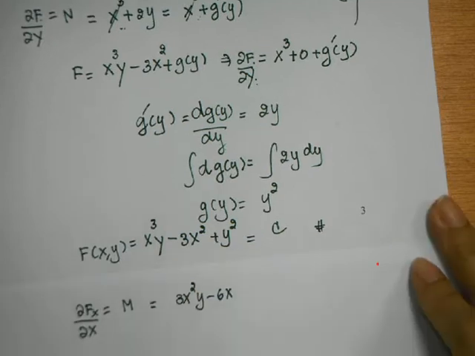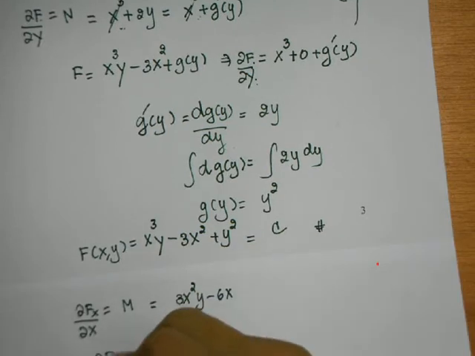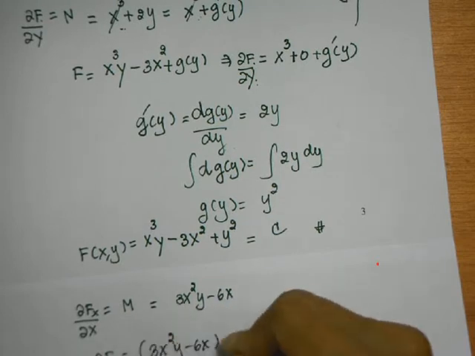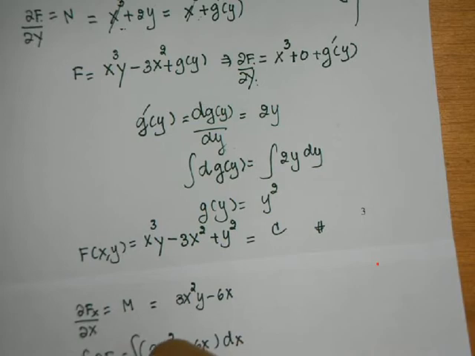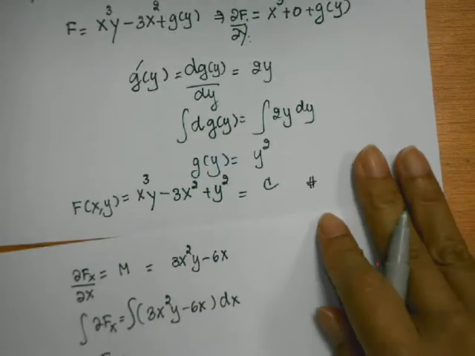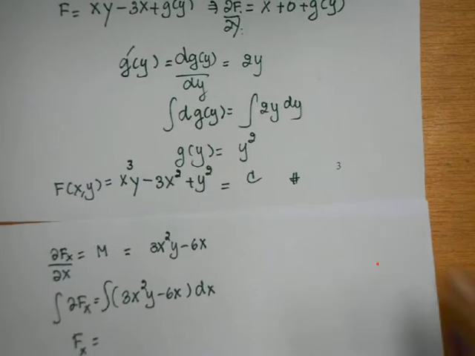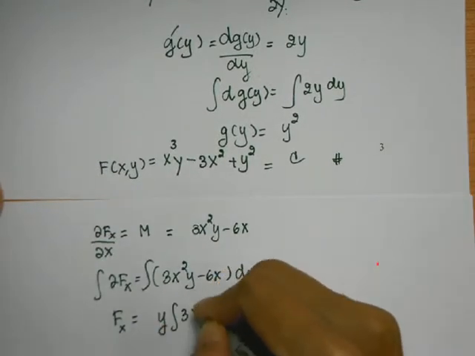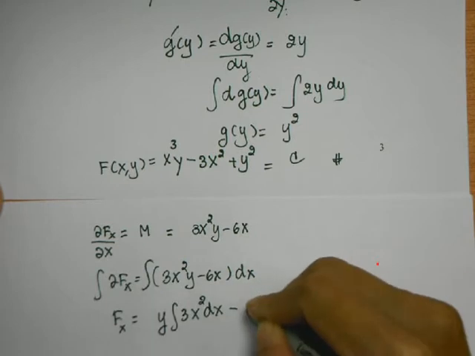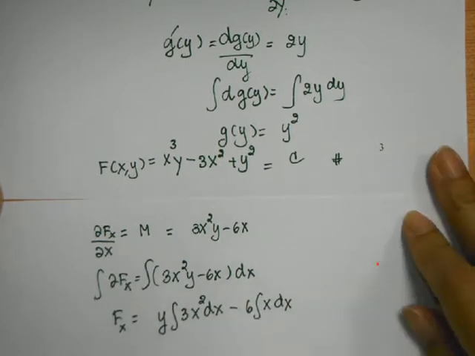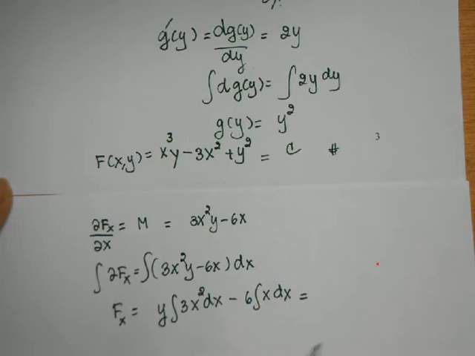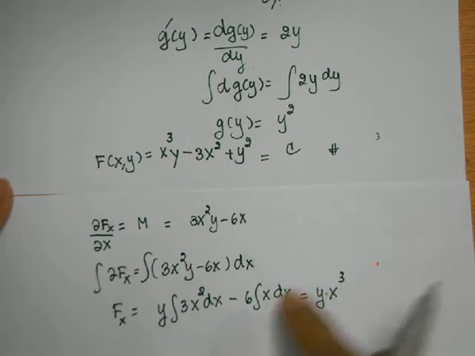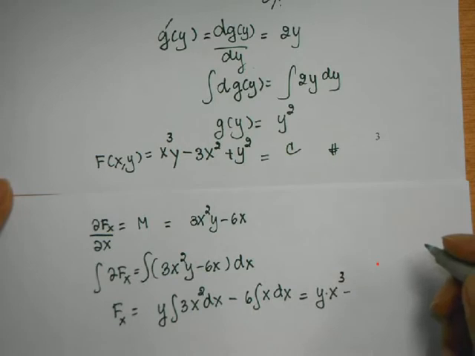Then we do the integral for both sides, we would get f_x equal to, when you integrate with x, you look at y as a constant. So this one you get y times x to the power 3, and this one you get 3x squared.